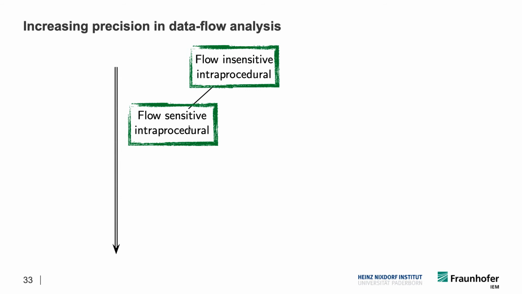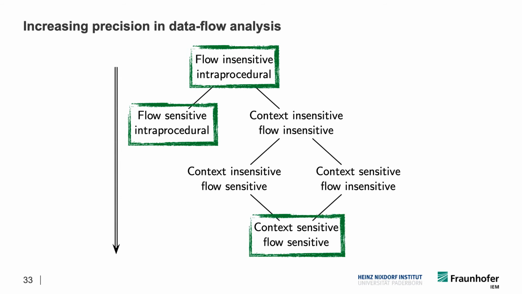So for instance, if you have a compiler or integrated development environment that tells you, oh, you're using an uninitialized variable here, that's something that you would implement through such a flow sensitive but intra-procedural analysis. Then we have seen context insensitive, flow insensitive analyses. These are the ones that are used for pointer analysis, for instance, right?